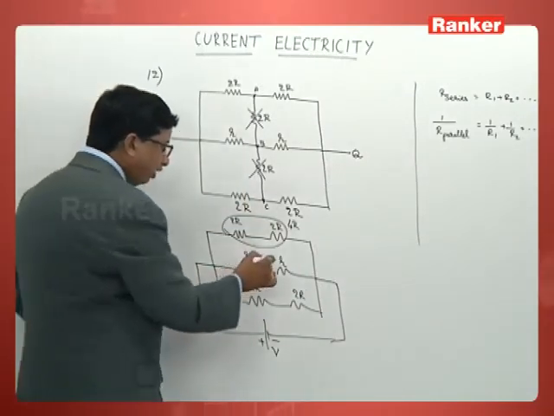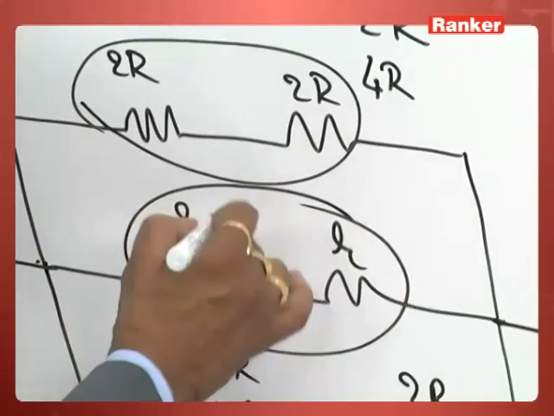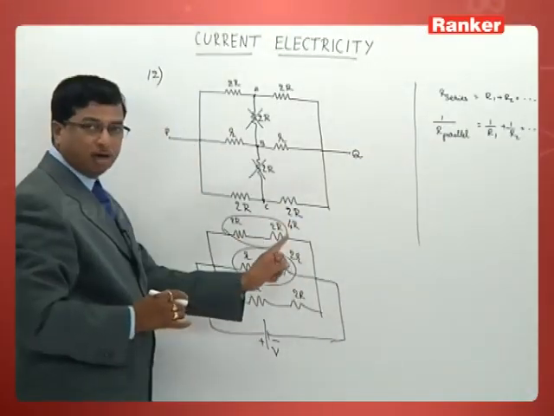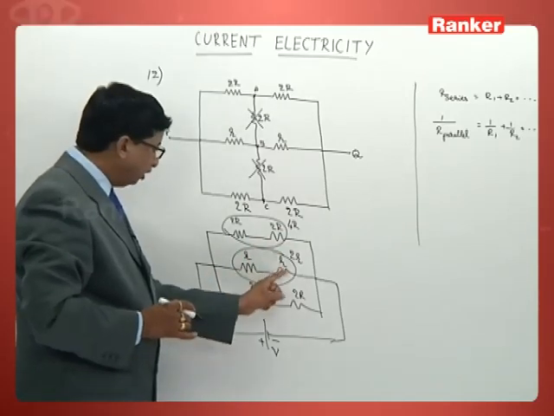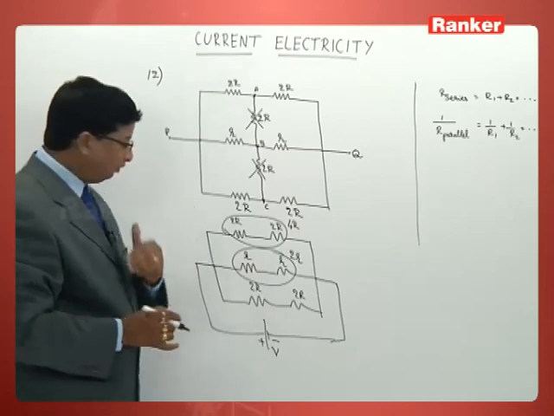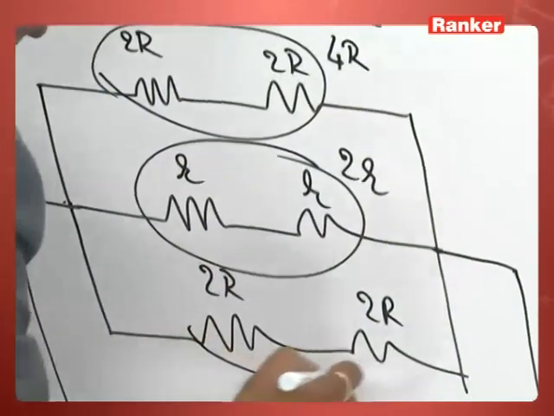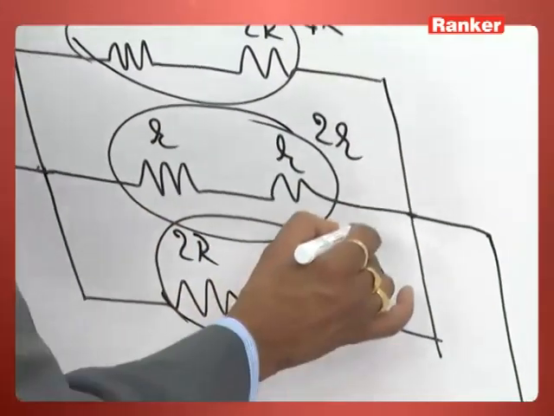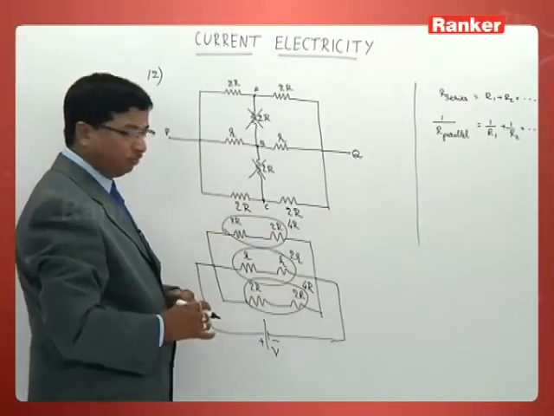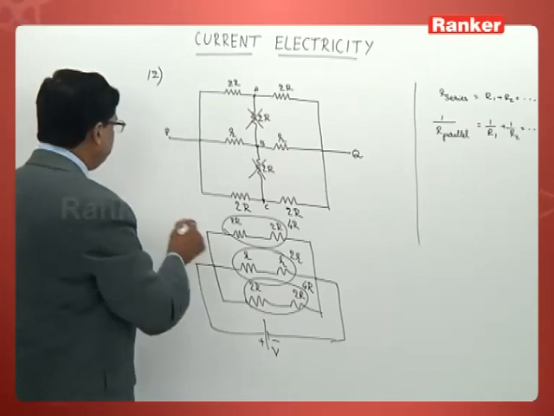Exactly like that, when these two are connected in series, the effective resistance now becomes R plus R, that is 2R. In the same manner, this 2R and this 2R are also in series, so the effective value will now be 4R. So what can you now predict from this system?